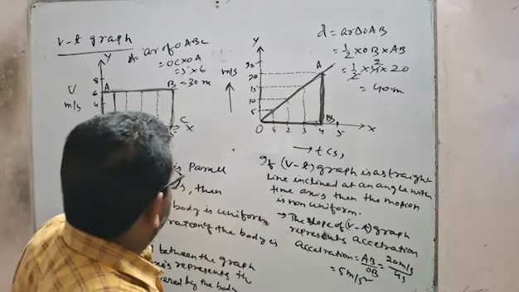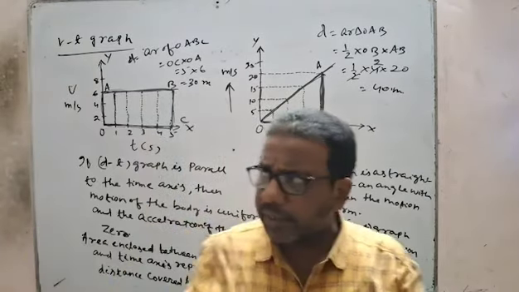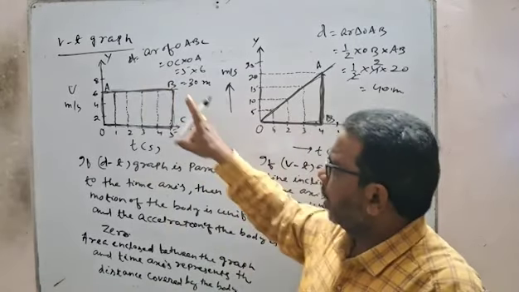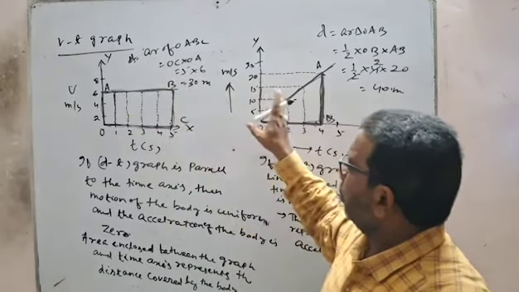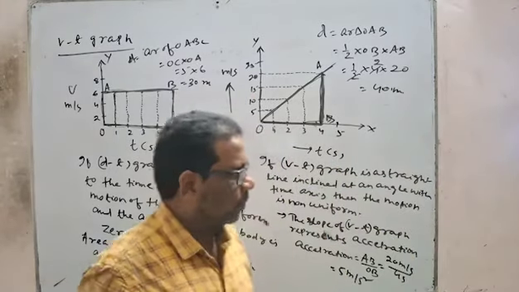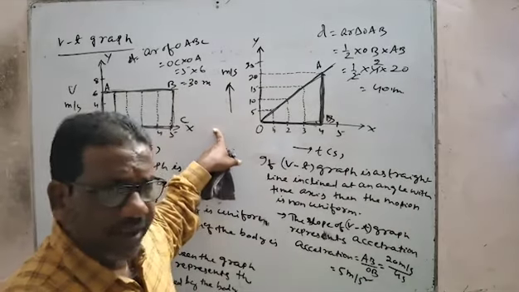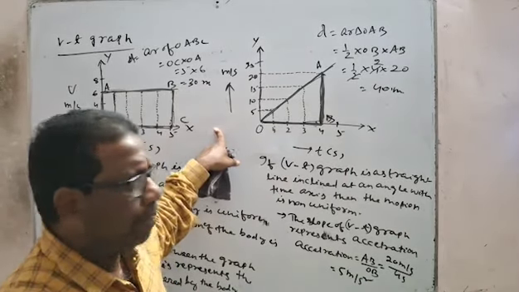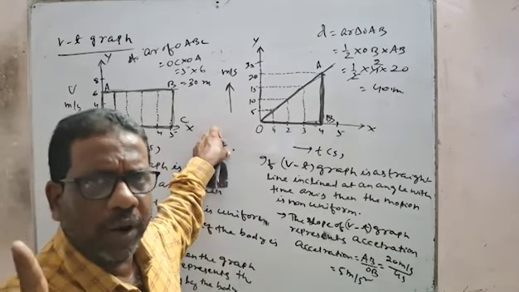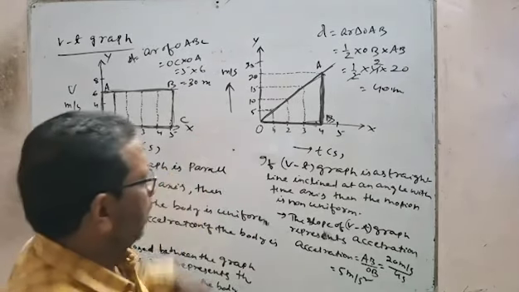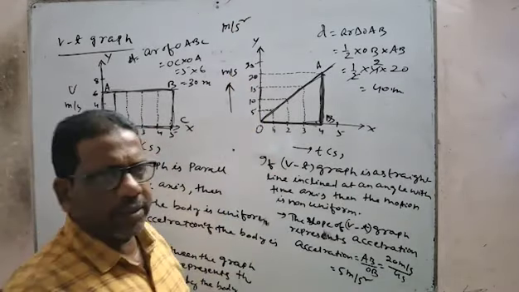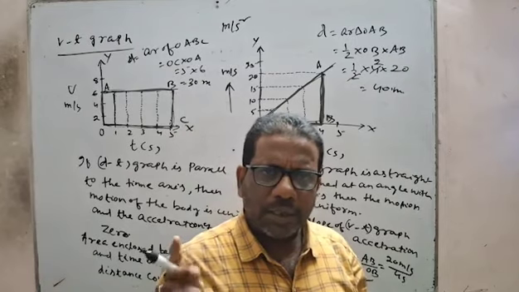In this video, we discussed acceleration and 2 types of Vt graph. In acceleration, I forgot to tell you that acceleration is a purely vector quantity and its SI unit is meter per second square.